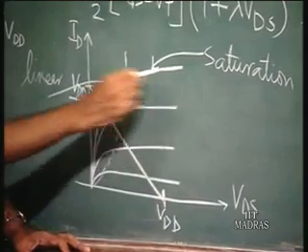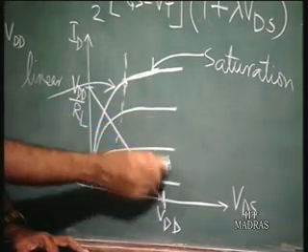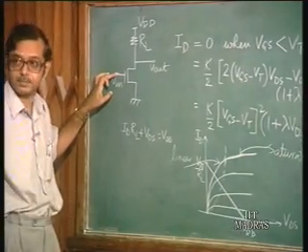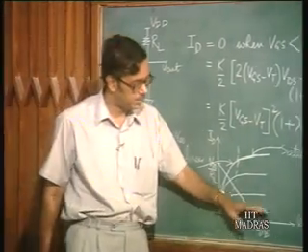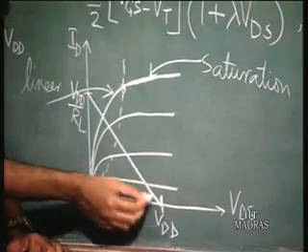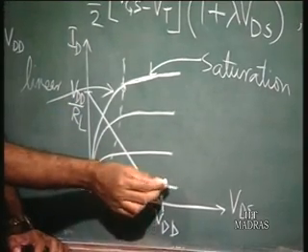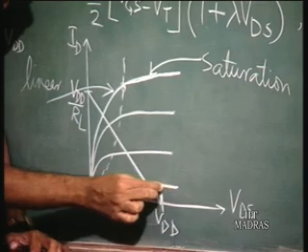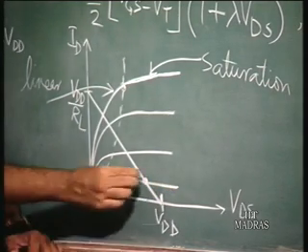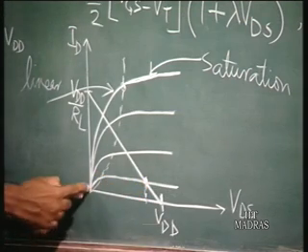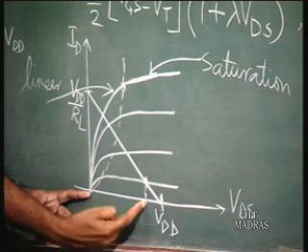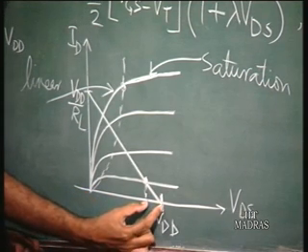And these are the characteristics of the MOSFET for different gate voltages, and the gate voltage is the same as the input voltage here. So, what happens when you increase the input voltage? The operating point is given by the intersection of the load line with the characteristic curve. So, when the input voltage is given by this value corresponding to this curve, the point of intersection is here, which means that for the MOSFET, the drain to source voltage is this much, and the drop across the load resistance is this much.